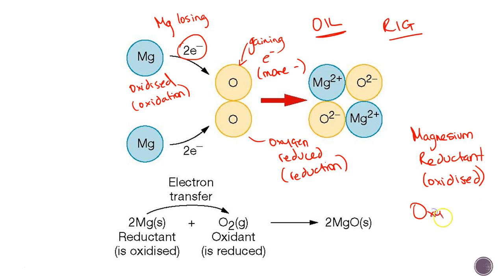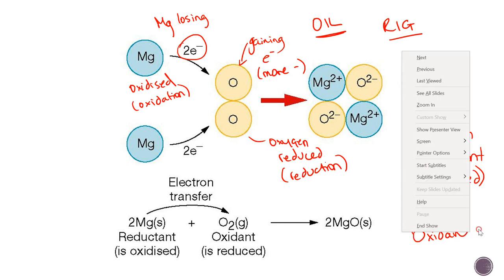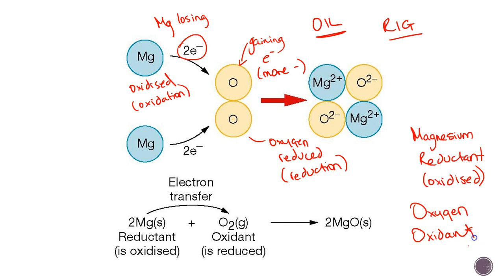The oxygen is accepting those electrons, so it is facilitating the oxidation, so it is the oxidant, and in the process of facilitating the oxidation, it is reduced. As I said, this terminology is going to get a little bit confusing.